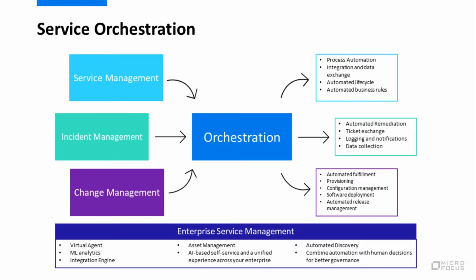Orchestration brings process automation capabilities, advanced process automation capabilities, helps you to run multiple tasks in parallel, to connect to different systems, starting from REST APIs to other systems that are accessed through SSH, PowerShell, or more advanced API-based technologies. You can have integration and data exchange.